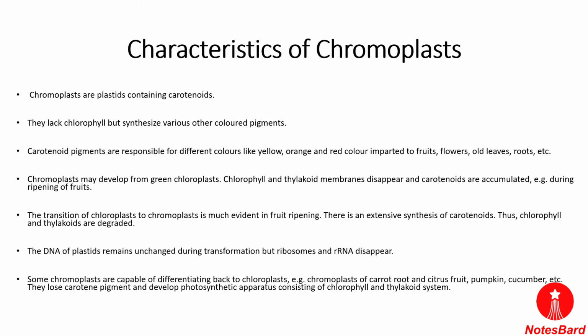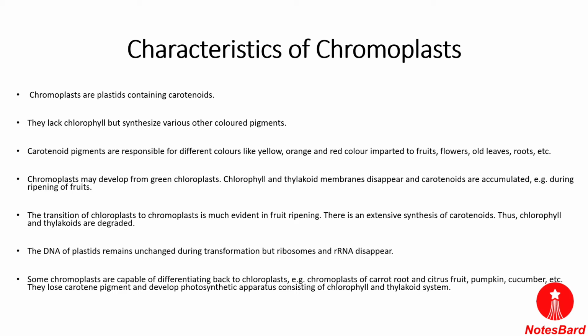Now next, there are a number of characteristics of the chromoplast. So what are the characteristics of chromoplast? First of all, as we have discussed, chromoplasts are plastids that contain carotenoids. They do not have chlorophyll, but they show different colors to the plants, the flowers, and the fruits.